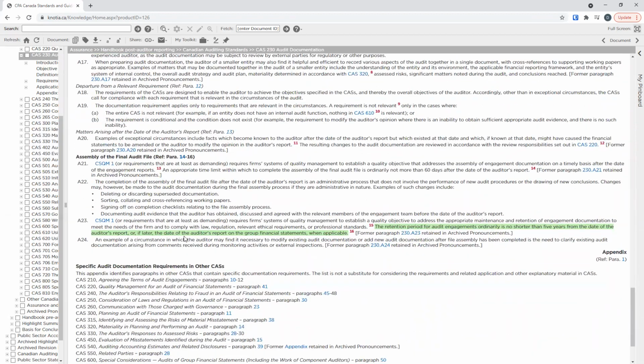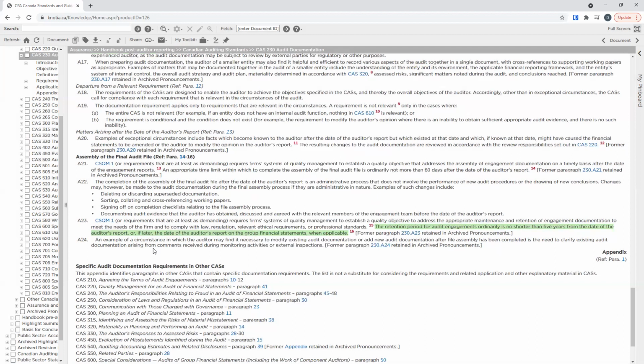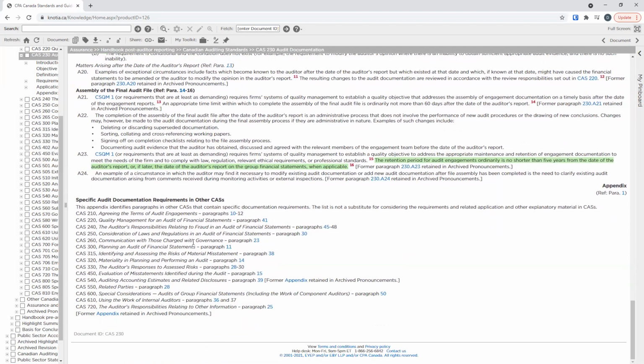And yeah, it mentions the retention period here of 5 years. And here are the specific CAS that require documentation. Like agreeing to the terms of audit engagement, so you need to have the audit engagement letter saved as part of your documentation. Quality management: what were the reviews, what was the discussion, what was the meeting, when was the meeting conducted?